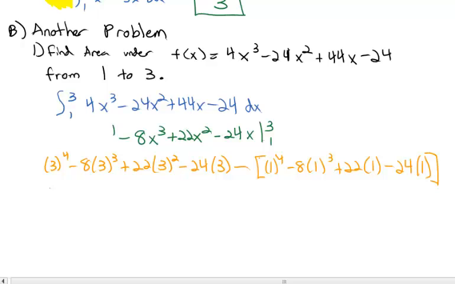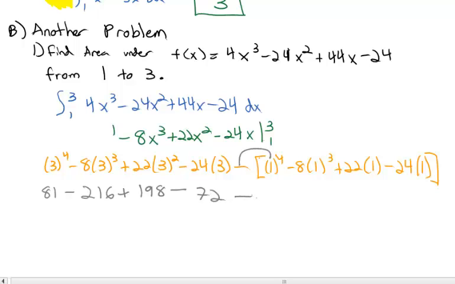Cleaning it up a little bit, 3 to the 4th is 81, minus 3 cubed is 27, 27 times 8 is 216, plus 3 squared is 9, 9 times 22 is 198, 24 times 3 is 72.